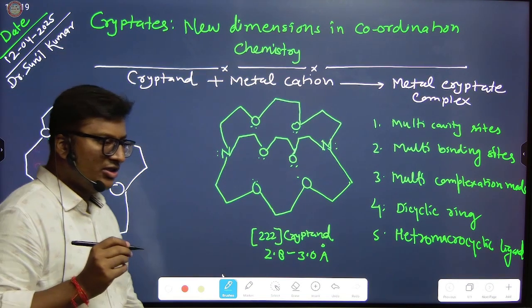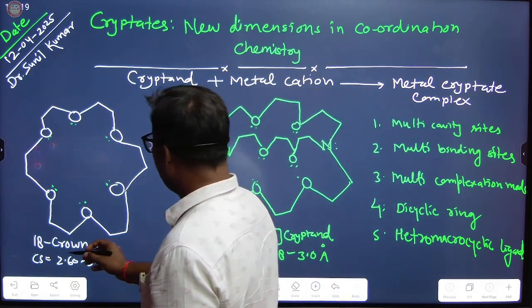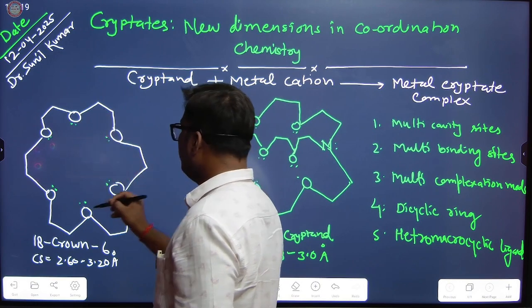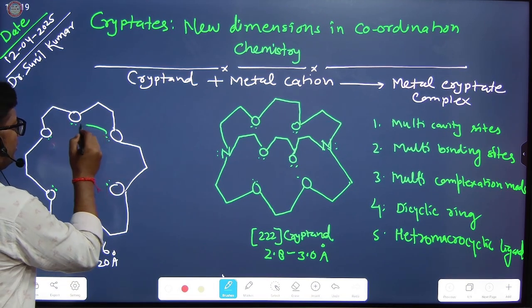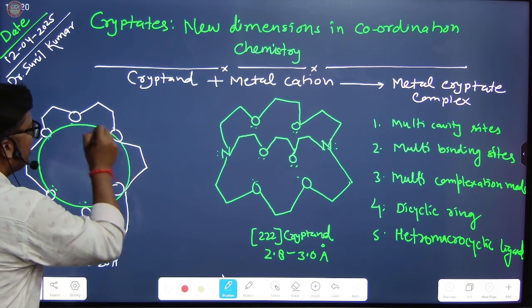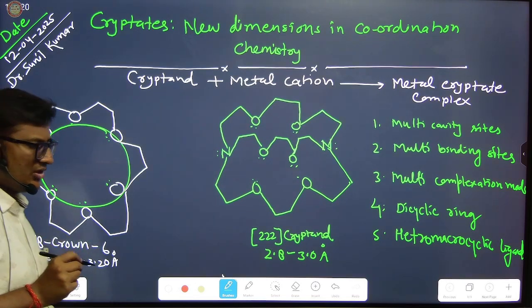So that is a crown ether, and the cavity size of this crown ether, so this is the cavity size, 2.60 to 3.2 angstrom, right?